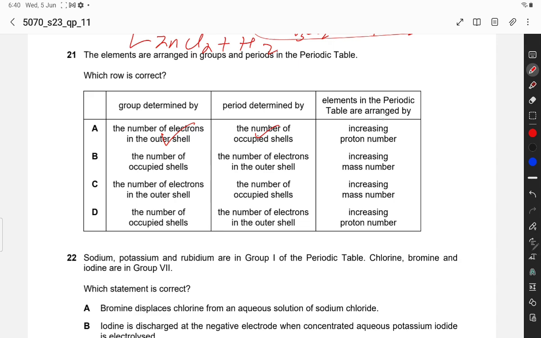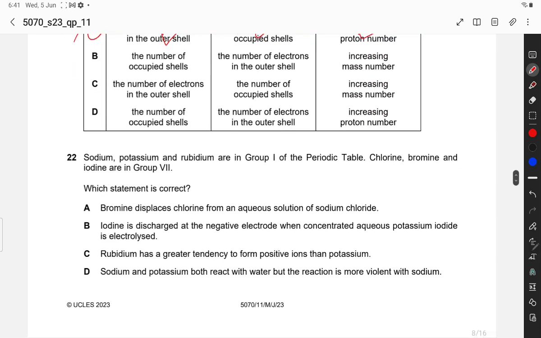Elements in the periodic table are arranged by increasing atomic number. It is also correct. So A option is the correct option, because the number of electrons in the outer shell determines the group number, the number of occupied shells determines the period number, and elements are arranged in the periodic table on the basis of ascending proton number or increasing proton number.